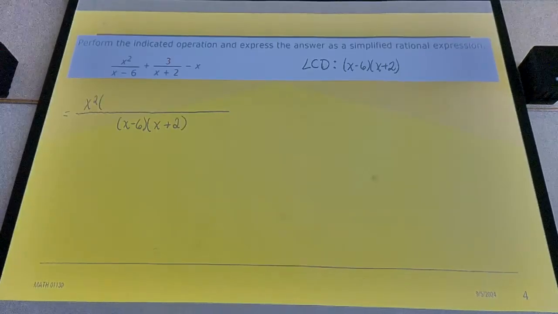This is just how I do it. Look at the first term. Look at the denominator. What term is missing from the LCD? X plus 2. So multiply the numerator by X plus 2.